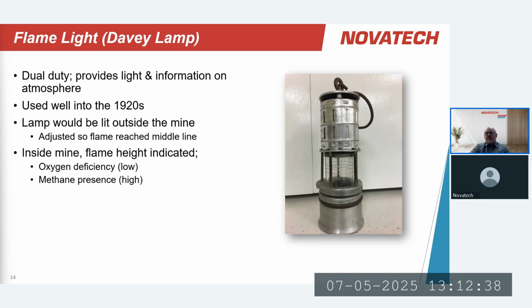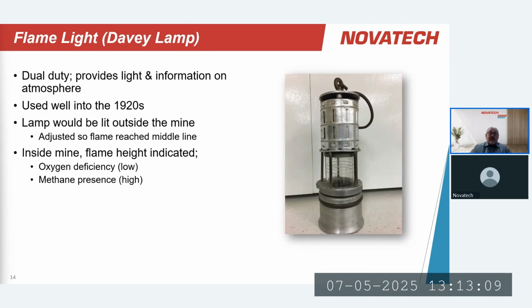And then as the miners went down underground, they would monitor the height of the flame. If the flame started to grow and reach the top line, that would indicate that there was a combustible gas present in the mine and tell them to get the heck out of there. If the flame started to go down to the lower line, that would indicate that something else was present, potentially not a combustible gas, but something else that was suppressing the level of oxygen within the mine.